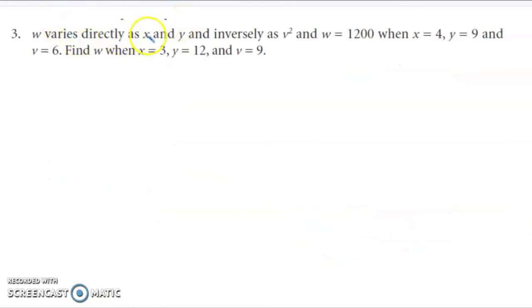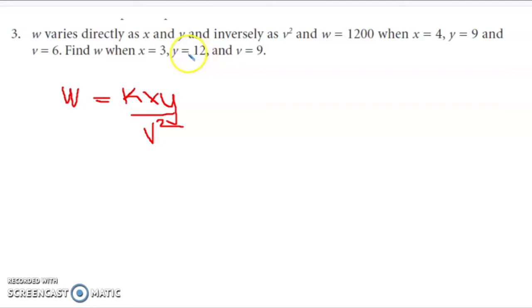W varies directly as X. So we write W varies directly as X and Y, and inversely as V squared. W is 1200 when X is 4, Y is 9, and V is 6. So find W when X is 3, Y is 12, and V is 9.